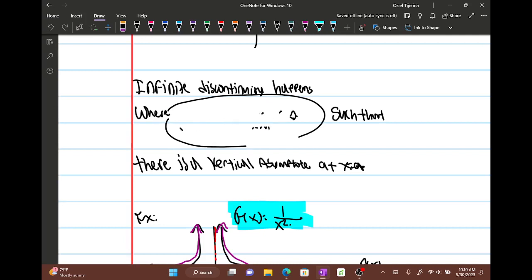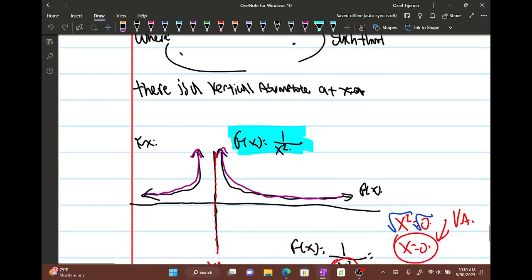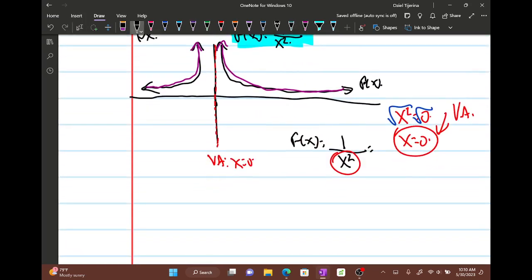So in this example, obviously the limit as x approaches 0 is infinity, from the left and right.